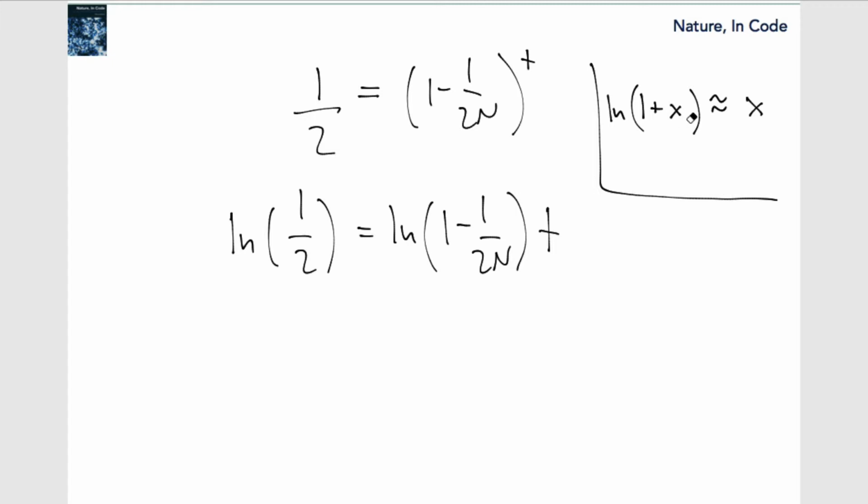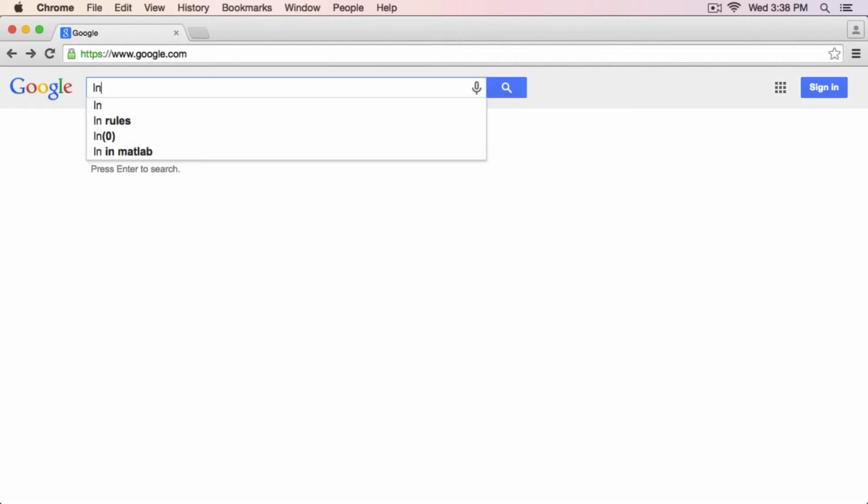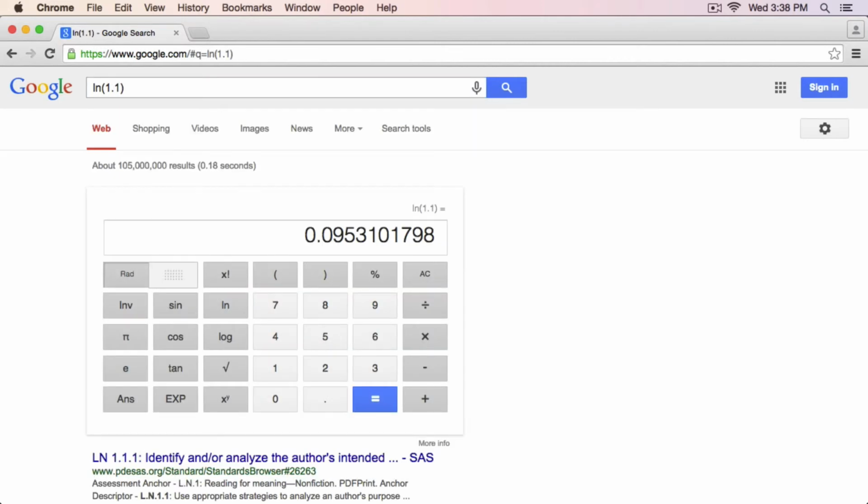And if you don't believe me, let's check. I hope you know that Google is essentially a giant calculator as well. So you can say things like ln 1.1, enter, and it will tell you exactly what it is. And here you can see this is 0.09 something. So 1 plus x, x in our case would be 0.1. It's quite close.